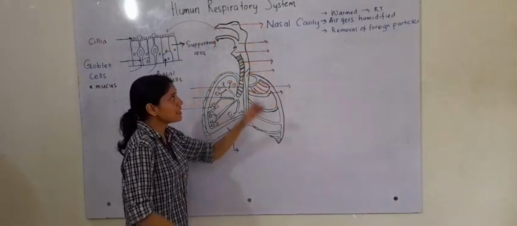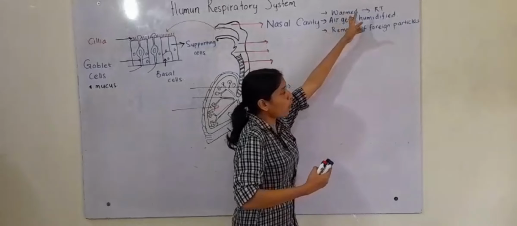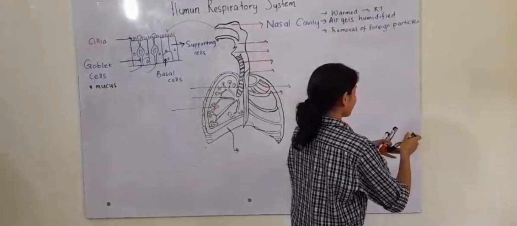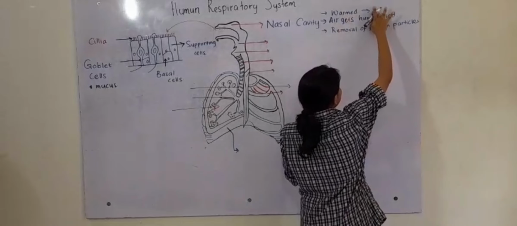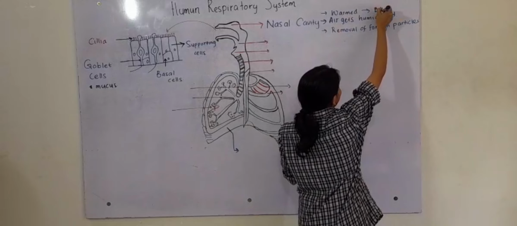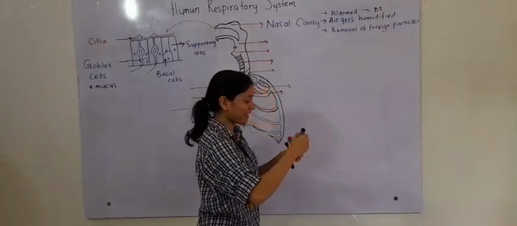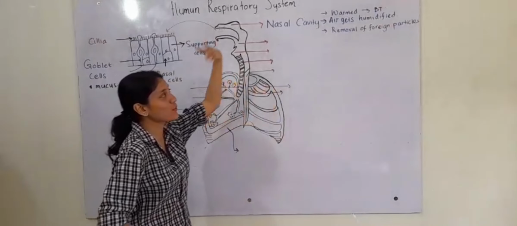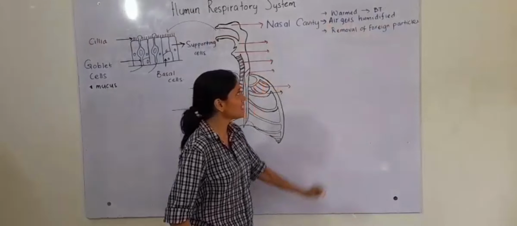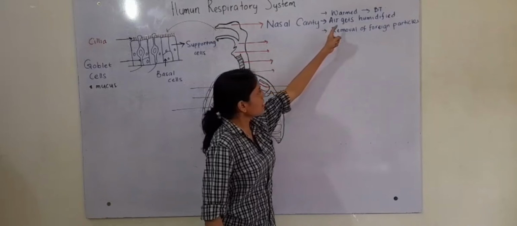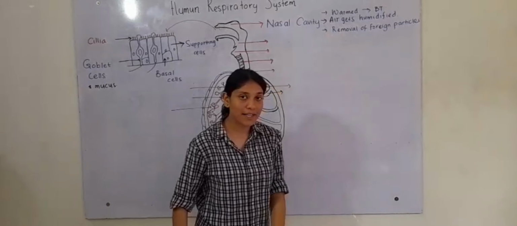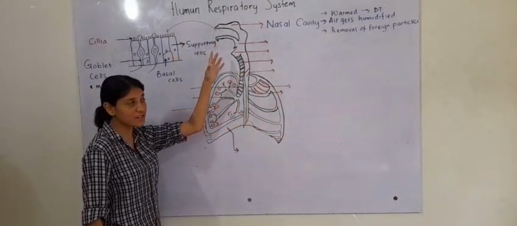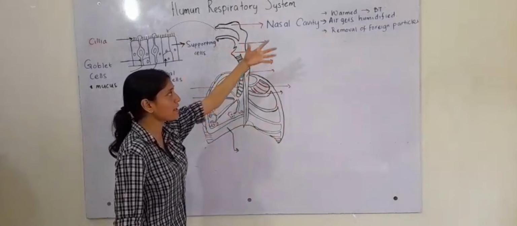The air is getting warmed up to the, sorry, not the room temperature, right? The body temperature. So the first function is that the air is warmed up to the body temperature, and then the air is getting humidified. Why is that? You have the mucus present in the nasal cavity, and that mucus is going to humidify the air.